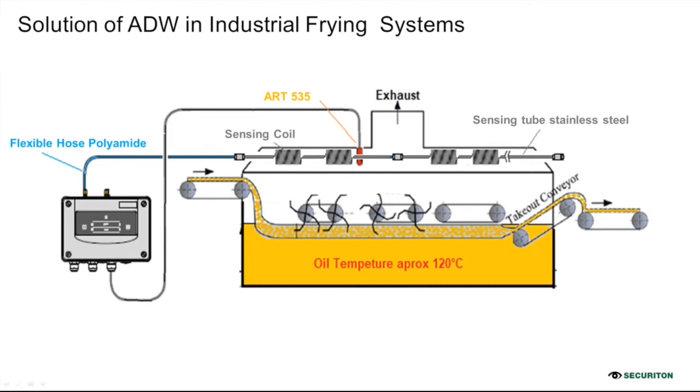As you all know, the ADW works on the pressure differences principle, whereby if a heat or a fire happens, the heat goes through the process of convection. The pressure sensor detects the differences and evaluates the pressure differences inside the chamber.